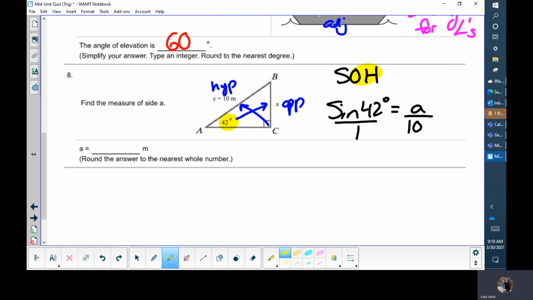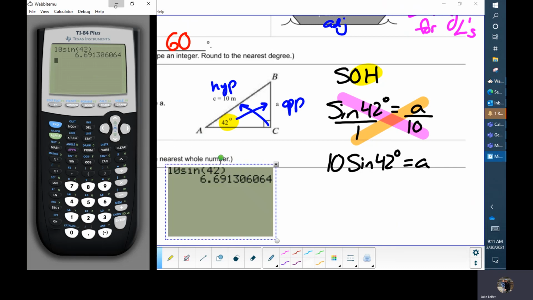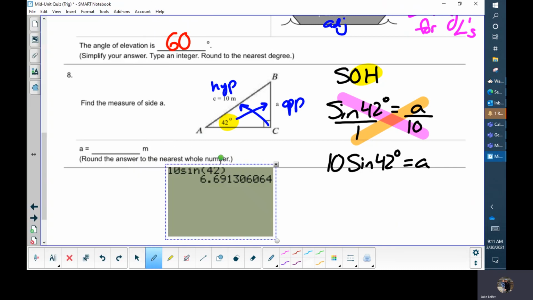Turn it into a fraction, cross multiply. I get 10 times the sine. You don't even need to put multiplication there. Equals A. Now it's a calculator problem. 10 sine of 42 degrees. Enter. Round your answer to the nearest whole number. Looks like this is going to be 7 meters.